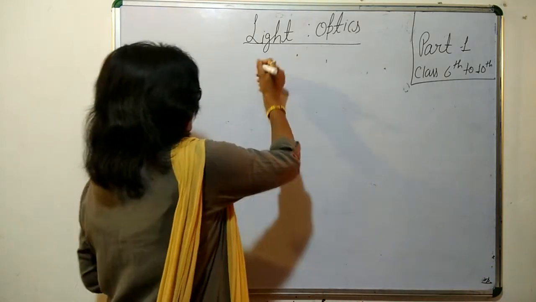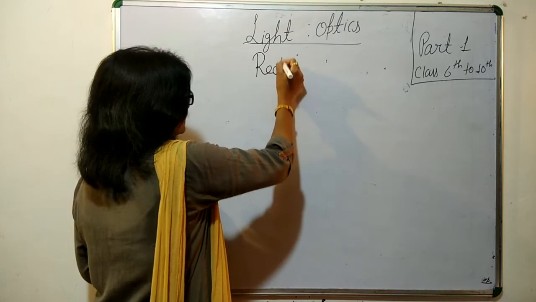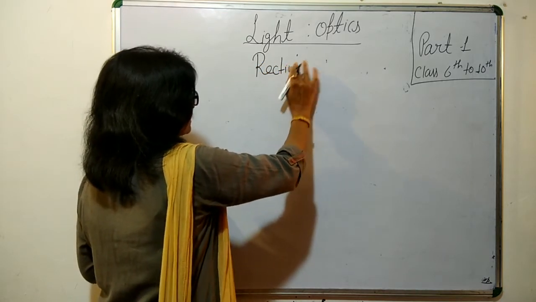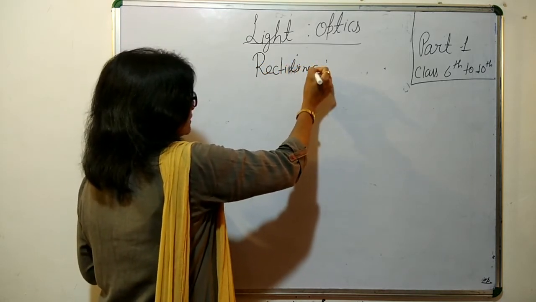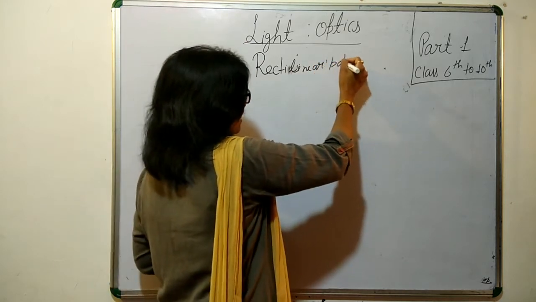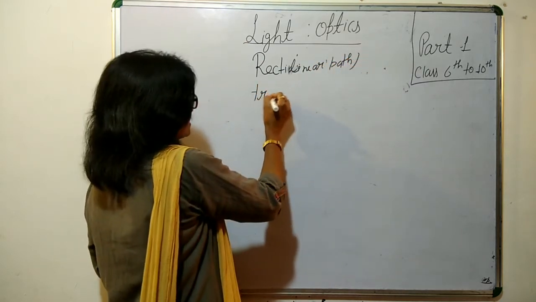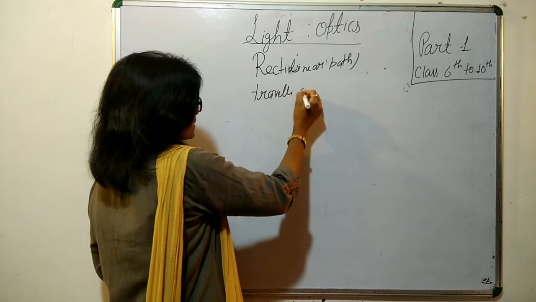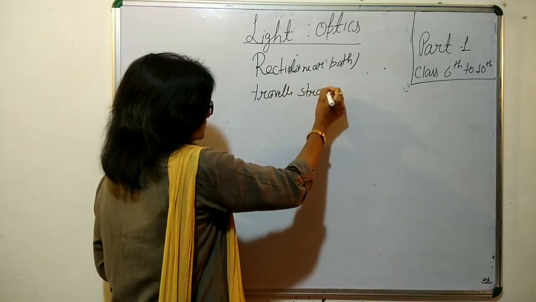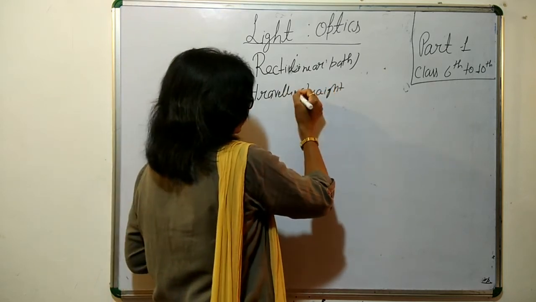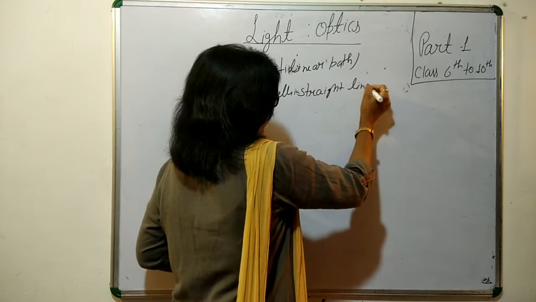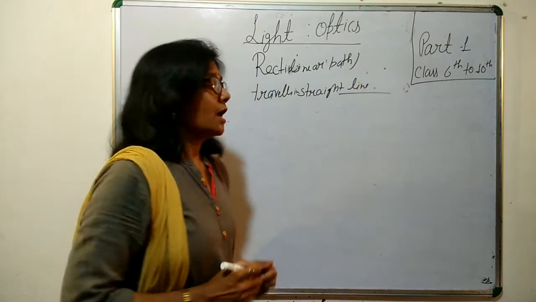How will we show this? Rectilinear path, or always travels in a straight line. Can you show this?